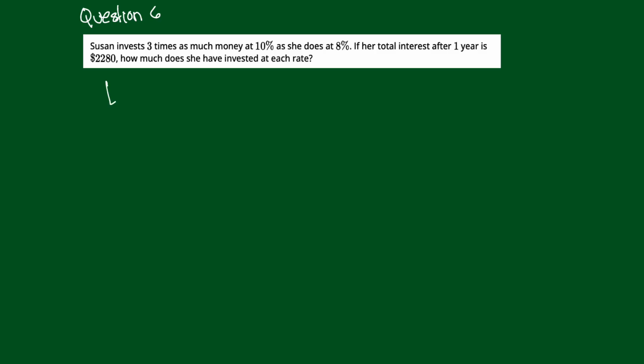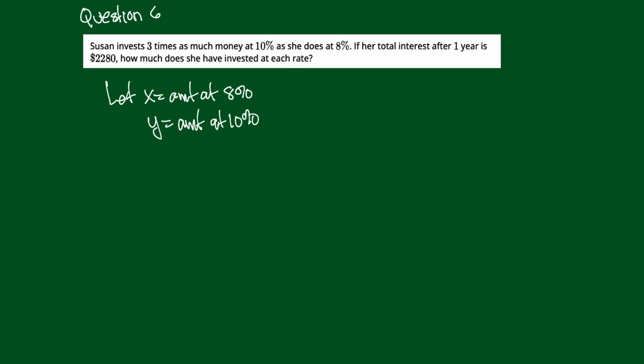So I'm going to do this. I'm going to let X equal the amount at 8%. Then what do I know about Y? Y is equal to what? All right, well, this is going to be the amount at 10%.